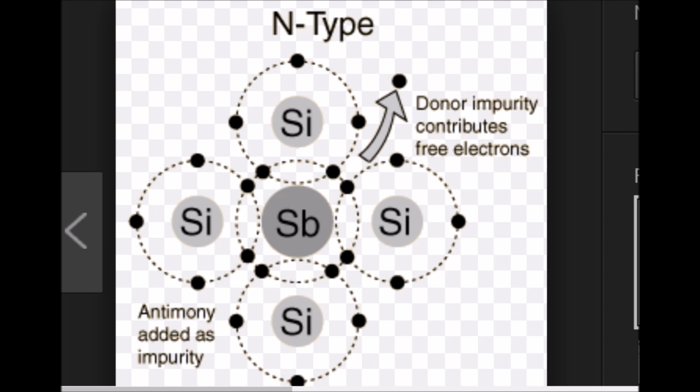An N-type semiconductor is created by adding pentavalent impurities like phosphorus, arsenic, antimony, or bismuth. A pentavalent impurity is called a donor atom because it is ready to give a free electron to a semiconductor. The impurities are called dopants.